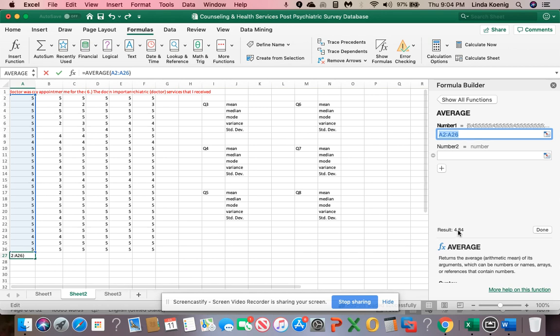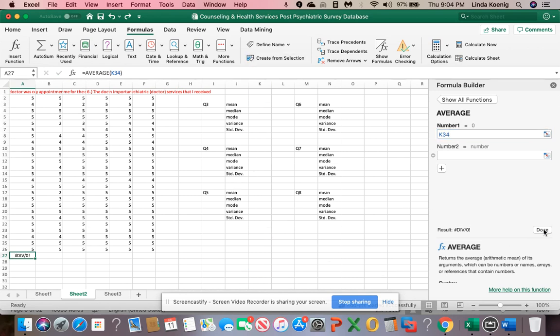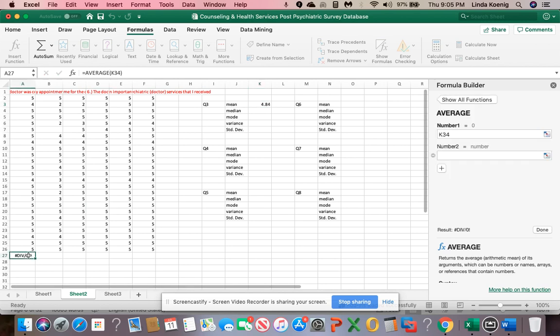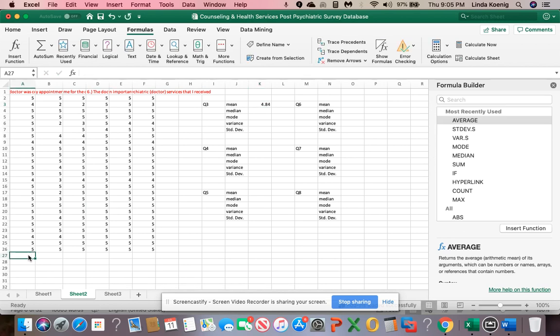And here's the result. So I'm just going to take 4.84. That's my mean. And I'm going to put it, whoops, I think I have to turn that off first. Here, 4.84. So now I'm going to take out that formula.